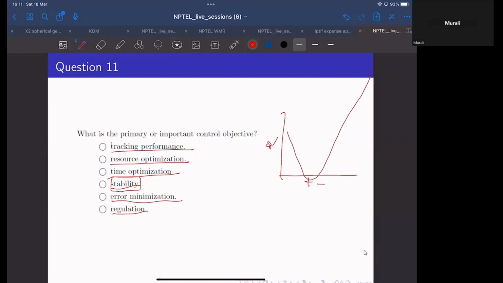If it is not stable, then whatever it does in other aspects does not matter. So in that regard, the primary control objective of any control system should be and is always going to be stability of the system. We always have to ensure that the controller that we design is stable. So the primary control objective is indeed stability.